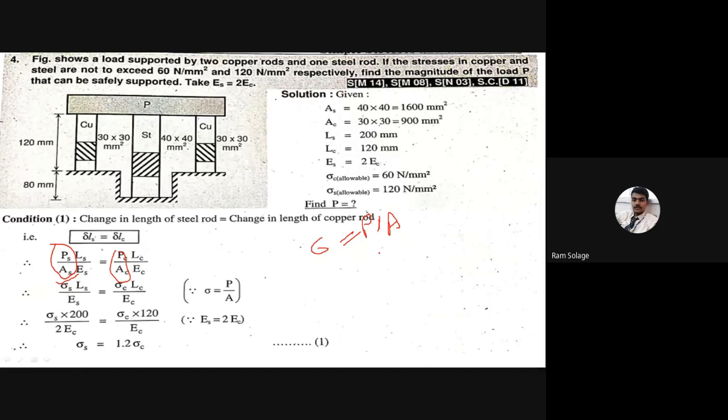So PS upon AS, the load taken by the steel rod divided by the area of the steel rod, instead of PS upon AS we can put sigma S. LS is the same, divided by EC. Again, instead of PC upon AC, we can put sigma C. Correct?